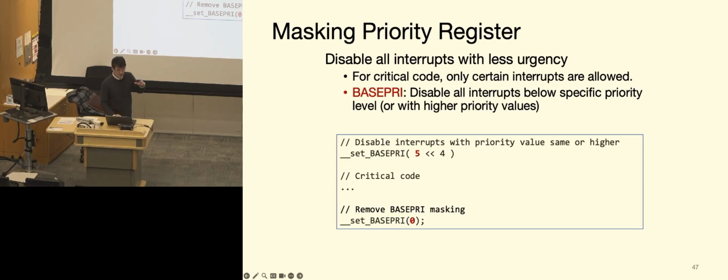Which is essentially what this function here does: anything that's 5 and above in terms of priority value will be ignored in this block of code. And after that, you should set it back to 0, so that it opens back up to all the interrupts.